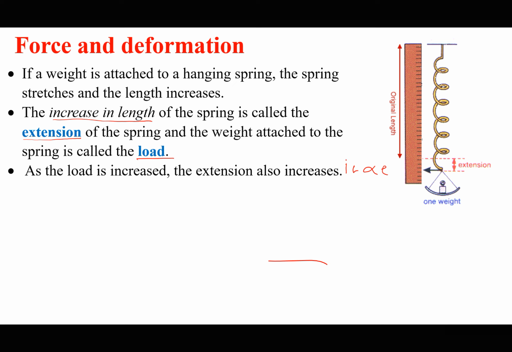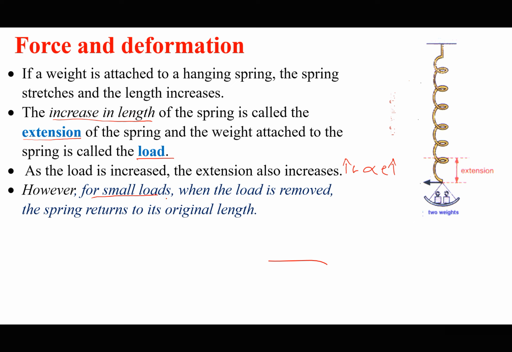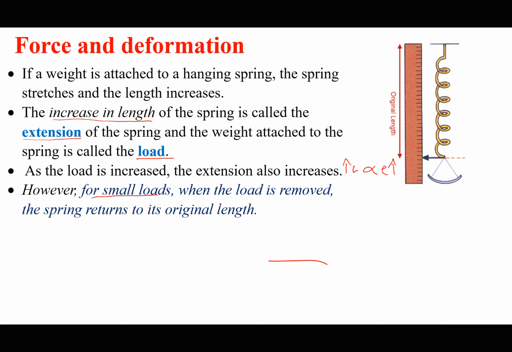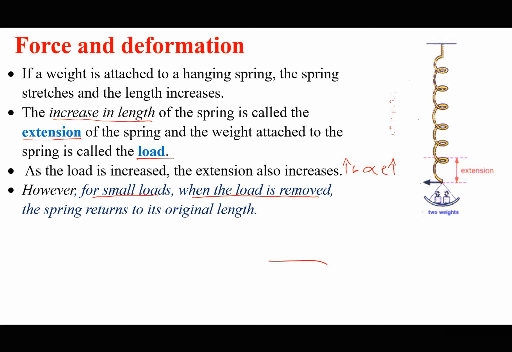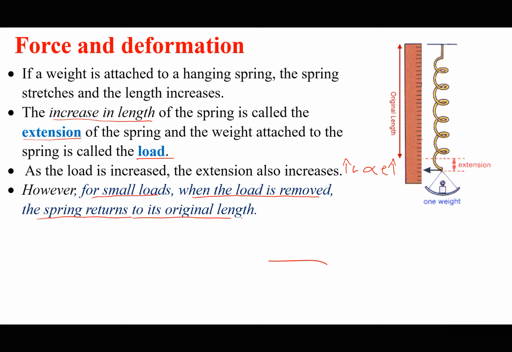That is what we shall call Hooke's law later on. However, for small loads, when the load is removed from the material, the spring is expected to return to its original length, as you can see in this animation here. I hope it is visible.